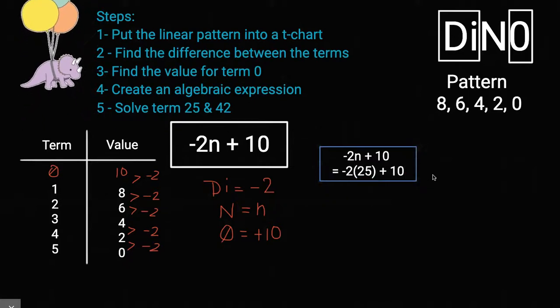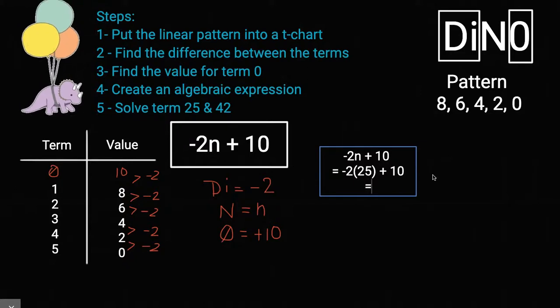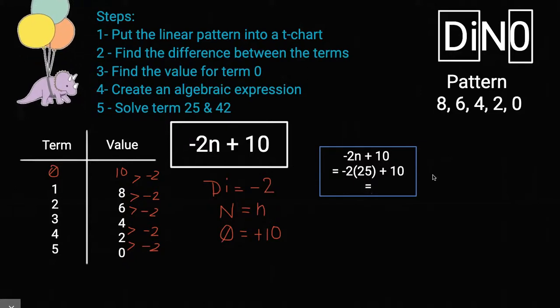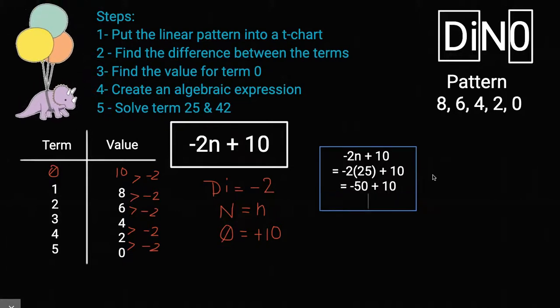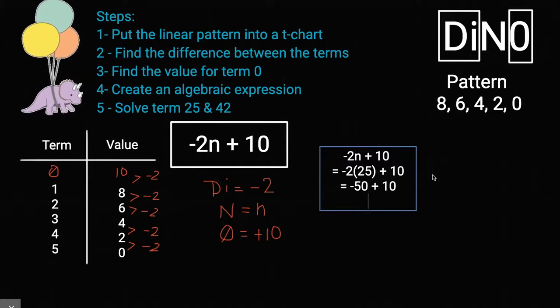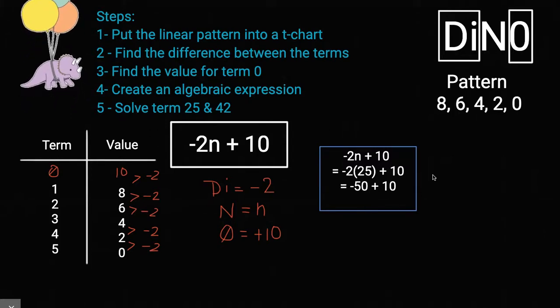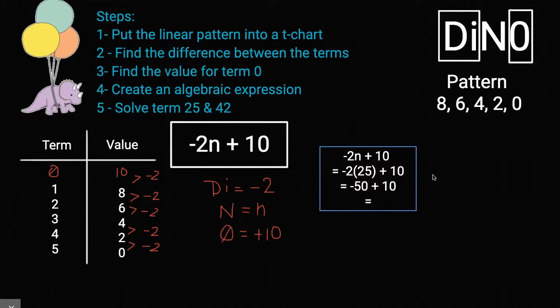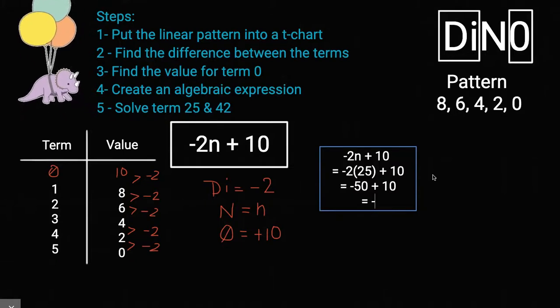Okay, negative 2 times 25. So you owe somebody $25 2 times. You now owe them $50, plus 10. And again, I always use money as a reference, as we've discussed in class in previous lessons. So we owe somebody $50 and we have $10. How much is our bank book at the end? It is still negative at negative 40.